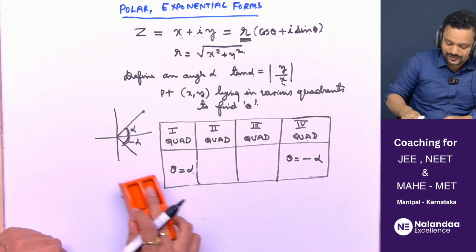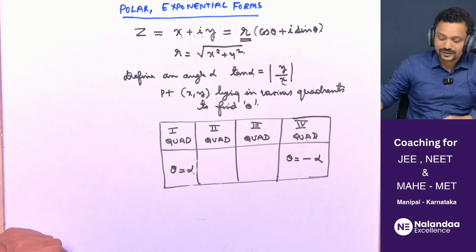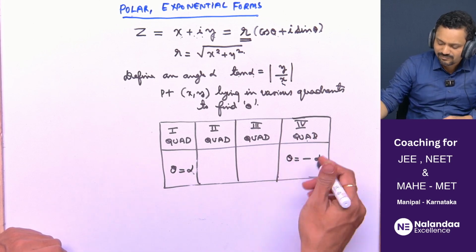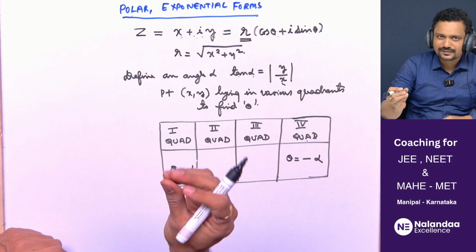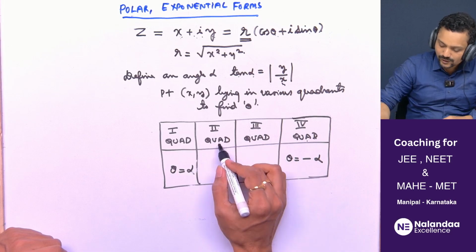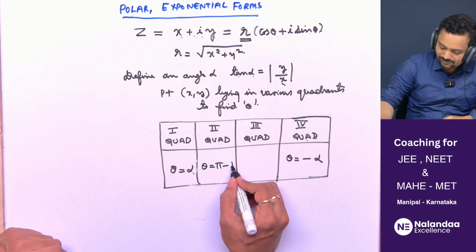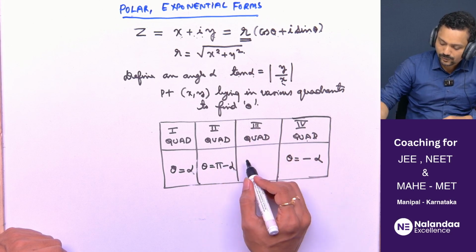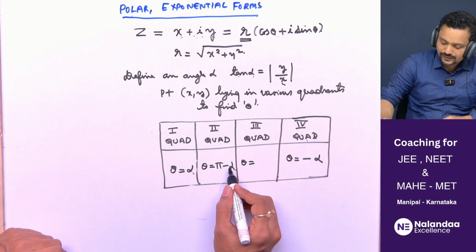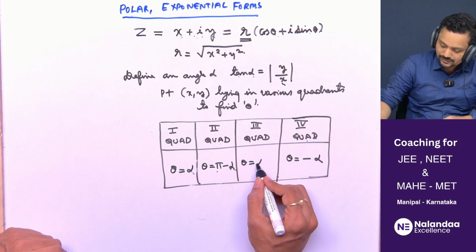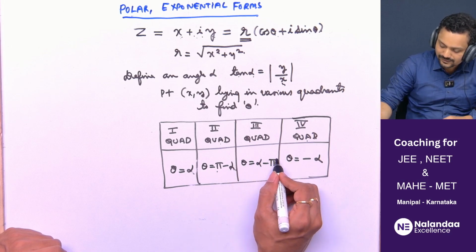There are some reasons for that. We are not going into much depth of all these things. If possible, in one question, I'll demonstrate it a little. If the point is in the second quadrant, take theta is equal to pi minus alpha, and if the point is in the third quadrant, theta is equal to negative of this. So theta is equal to alpha minus pi.